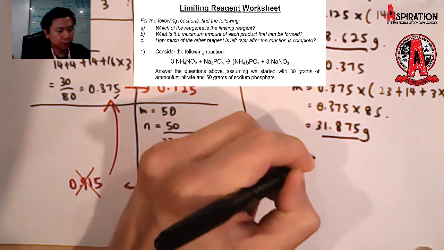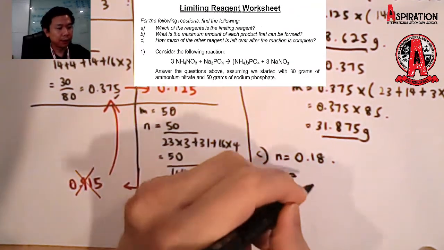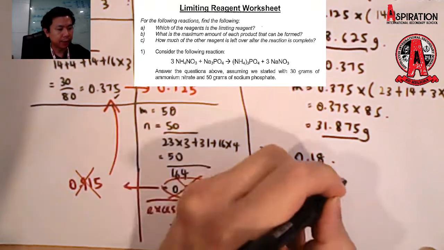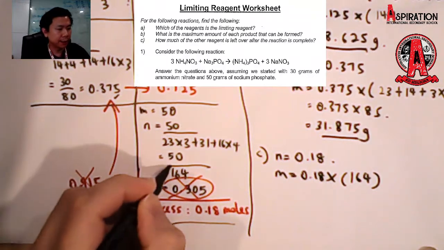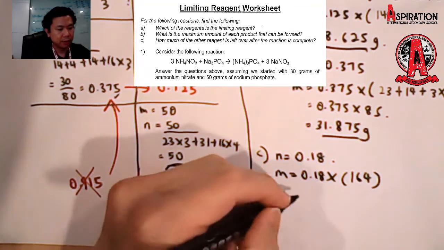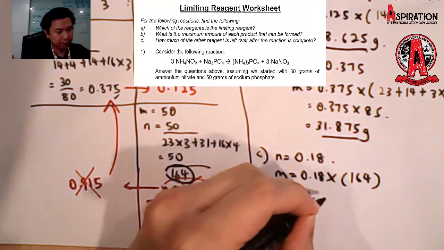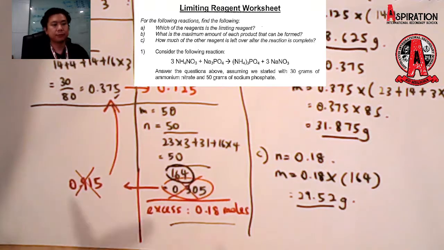So the moles is 0.18, and to get the mass of sodium phosphate, the excess reactant, we take 0.18 times 164. We already got the molar mass earlier on. That will give you 29.52 grams. And that is how we solve this question.